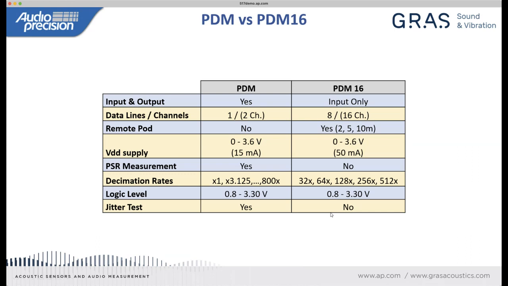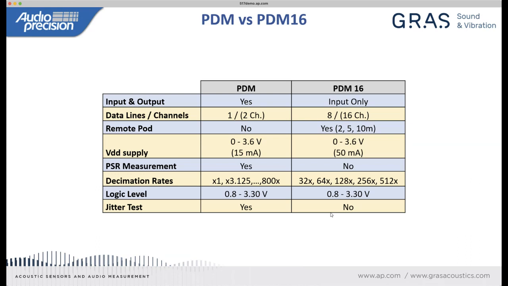Great, thank you. And then as far as we actually have two different PDM modules available for APx audio analyzers. The first is just called the PDM module, and then we have a newer PDM16 input module. And this is just a little table of the differences between the two.